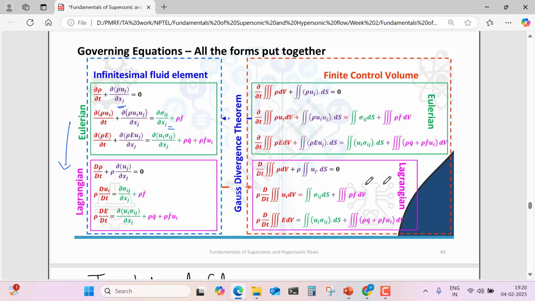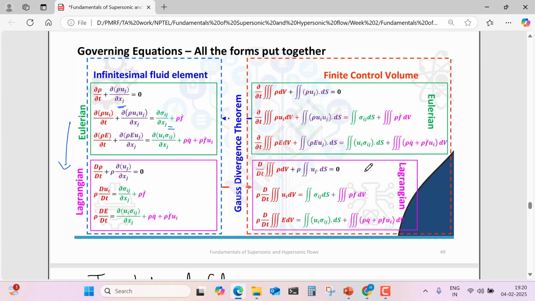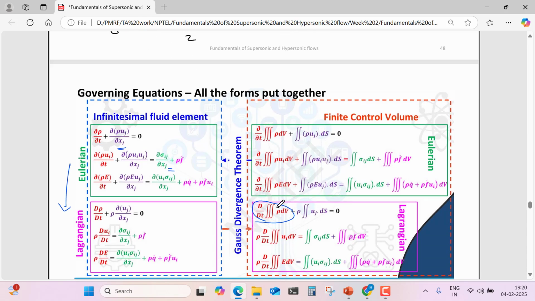Similarly, for the finite control volume form, if we want to find the Lagrangian equation, we can use the Reynolds transport equation, which is generally the substantial derivative in the integral form.